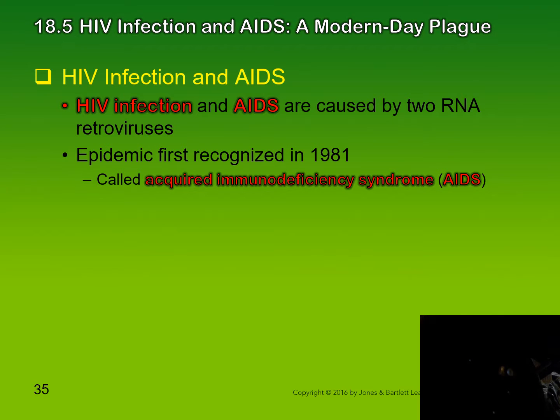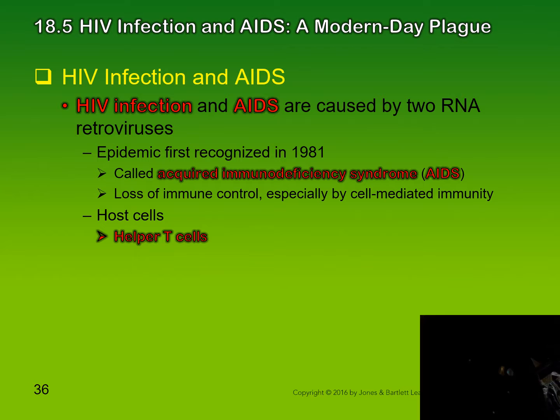As you develop within the disease, you can get AIDS, which is an acquired immunodeficiency syndrome, and you're going to get a loss of immunity, okay, especially cell-mediated immunity, and the main cells that are involved in it are the helper T cells.